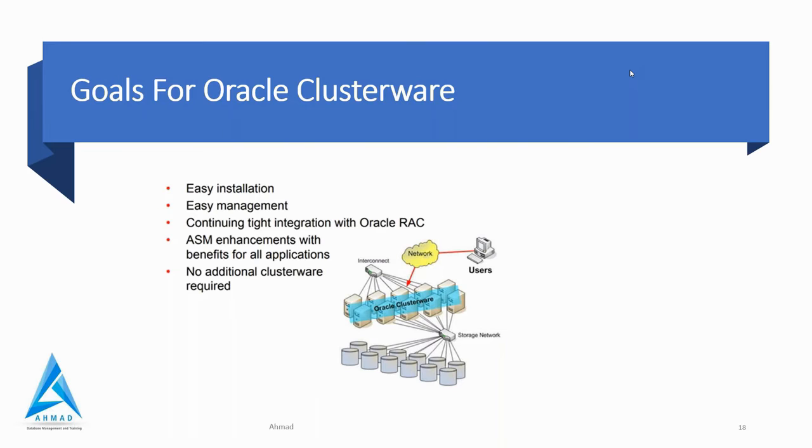ASM was introduced in 10g, and in every version Oracle is adding features in ASM, so you can use those features in your RAC. Oracle Database 12c is built on tight integration between Oracle Clusterware and RAC by using all the features of ASM.